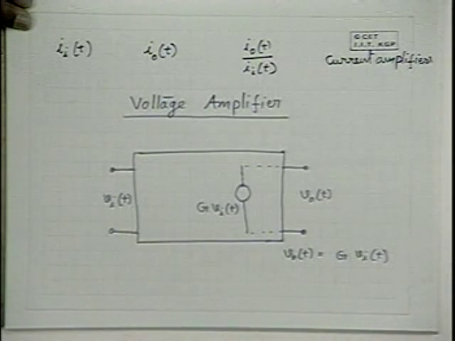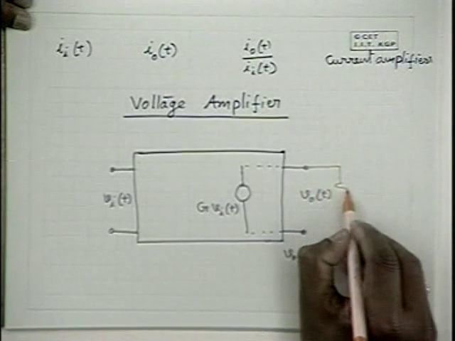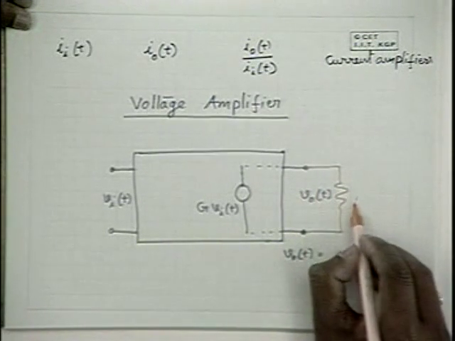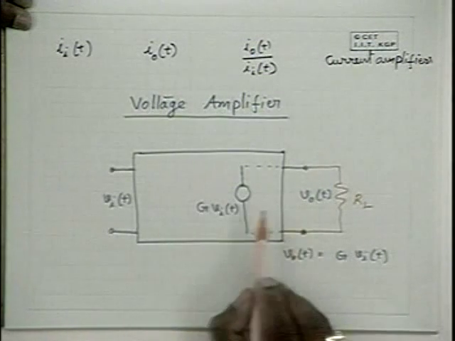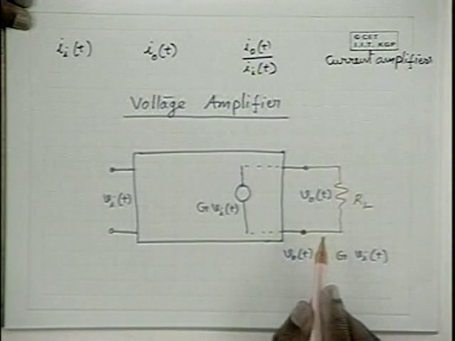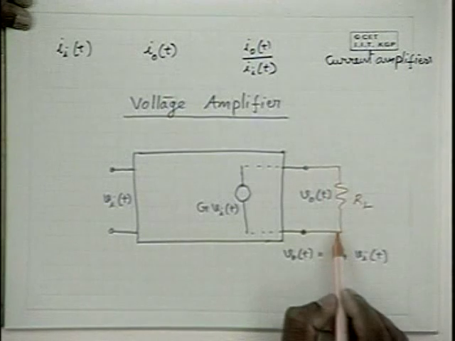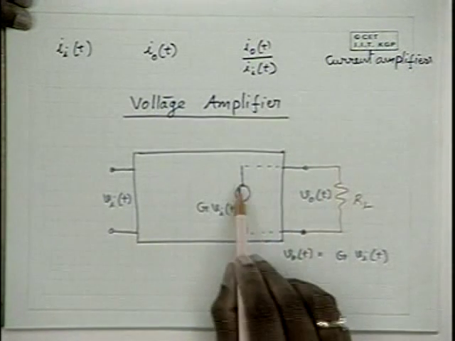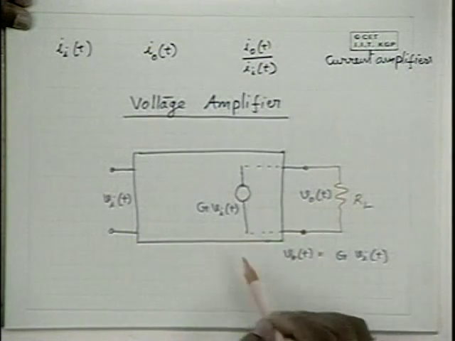But when you connect a load resistance, what do you find? Do you find the output voltage to remain constant at VOT independent of RL? If you short circuit it, for instance, you expect the output voltage to be 0, because it's a practical amplifier.